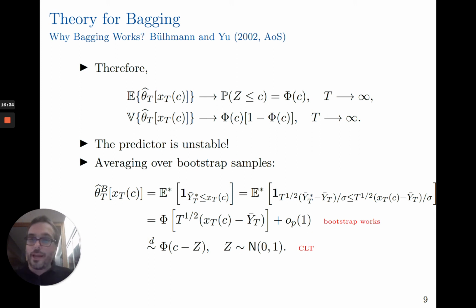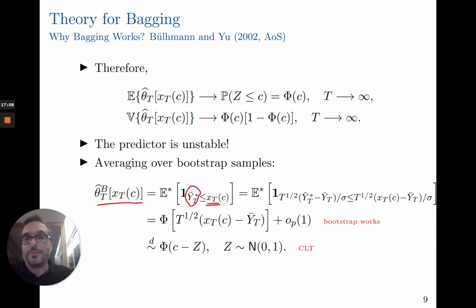So our bootstrap estimator will be the expected value of this indicator function, but now we have the bootstrap average. We are going to compare the bootstrap average with our threshold value. So this will be the expected value of the indicator function of square root t times y bar star minus y bar, divided by sigma, less than square root t times xt minus y bar, divided by sigma.